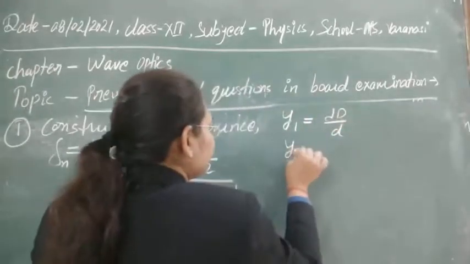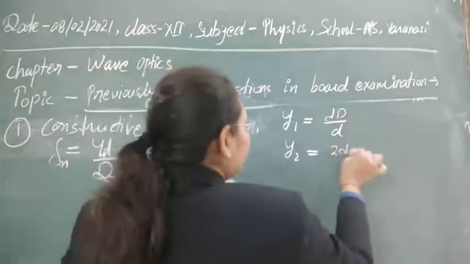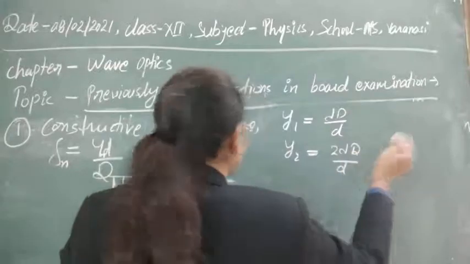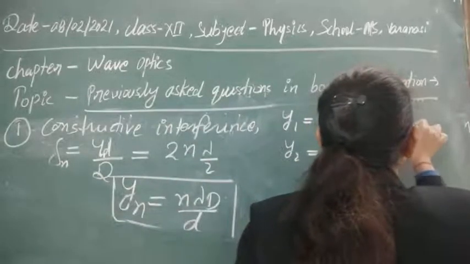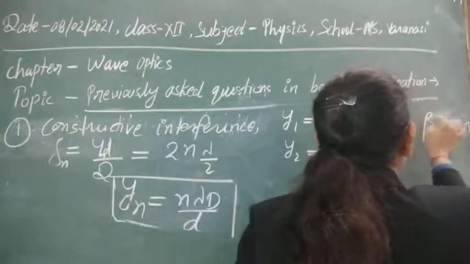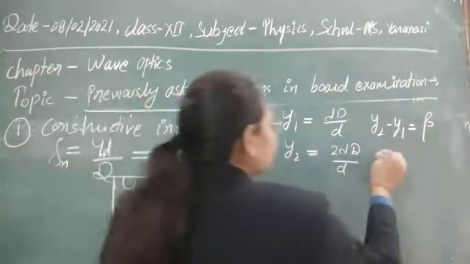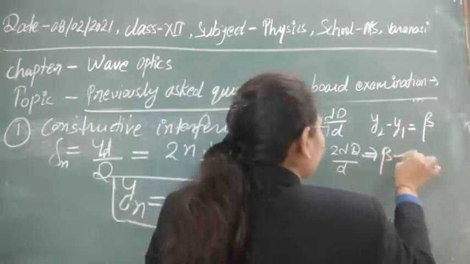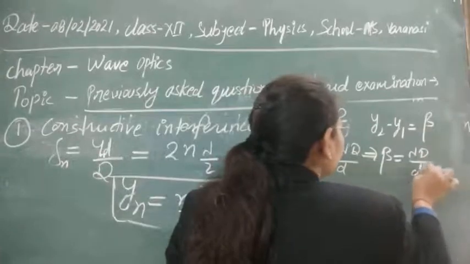The second order fringe y2 will be 2 lambda D by d. So the fringe width will be y2 minus y1. It is denoted by beta. So beta is finally equal to lambda D by d.